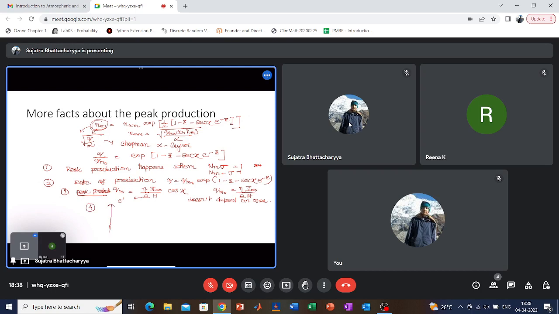The fourth important fact, which is a very important figure as well, is that if we draw the figure corresponding to this particular formula, suppose this is the height H_M. This is the curve corresponding to that formula which I have just ticked, and this is how it looks.